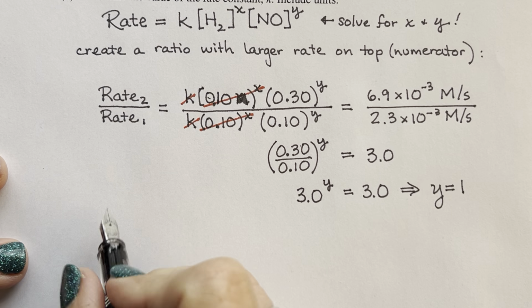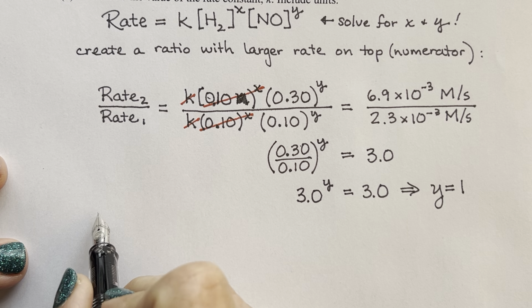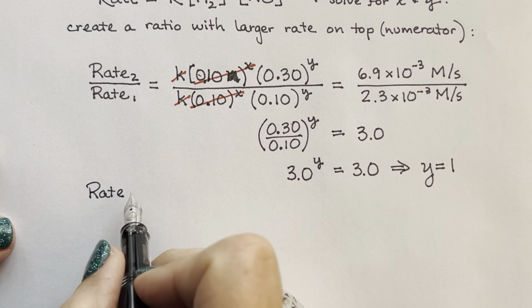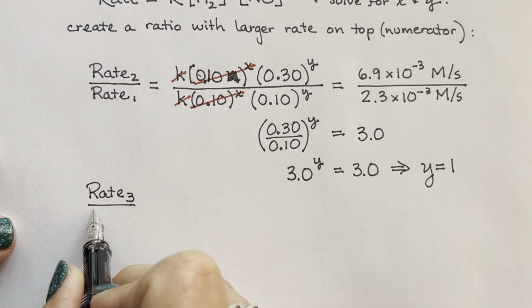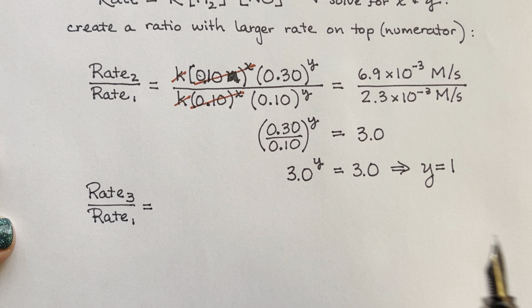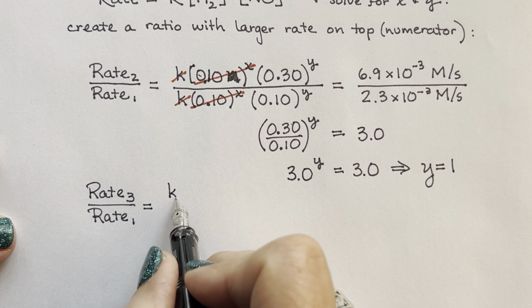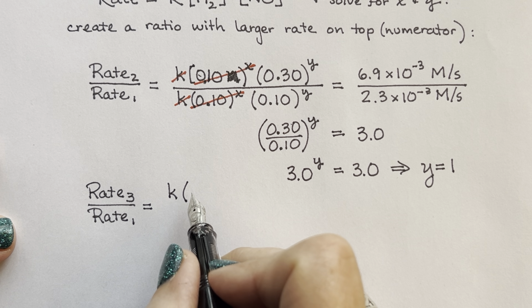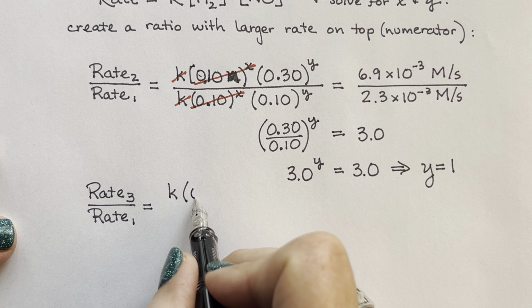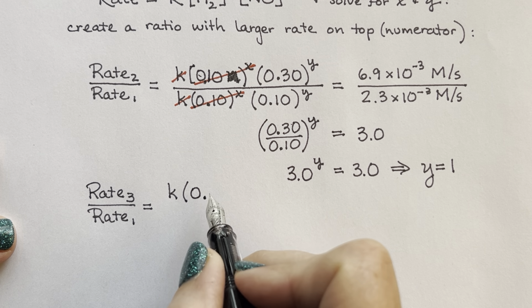I'll put rate 3 over rate 1. Now we're going to do the same thing where we put in these concentrations. This is for H2.